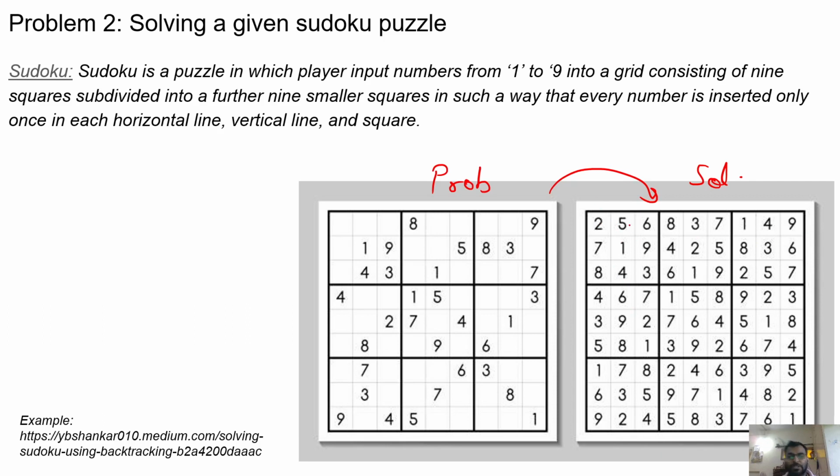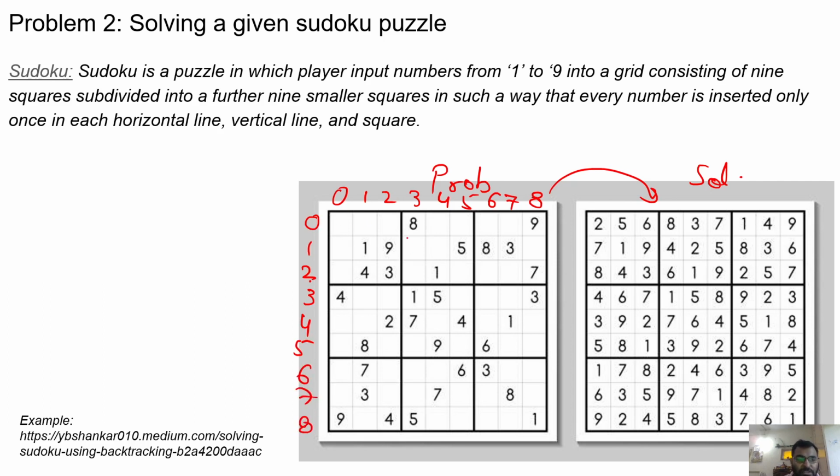So basically, if we talk about the indexing, in Python, as you know, the indexes start with 0, so it will be 0, 1, 2, 3, 4, 5, 6, 7, 8. So the index for columns will be 0 to 8. Similarly for rows, 1, 2, 3, 4, 5, 6, 7, 8.